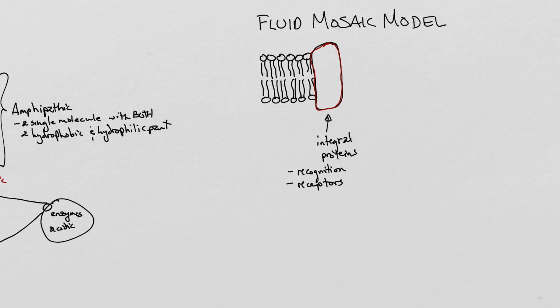And by receptors, once again, we mean that they can have a little part on them that something fits into. All right. These proteins can act as enzymes. They can act as transporters. And those are all of the different things that integral proteins can do.